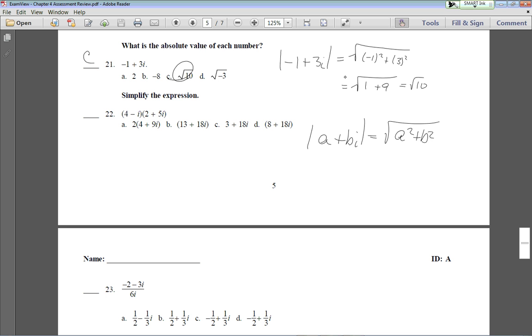Basically all you're doing is finding the distance from the origin on your complex plane. So it's a distance, so it's going to be a real number. So don't bring the i with this and make this positive 9i squared. Leave the i over here. Don't bring it with you. Okay?